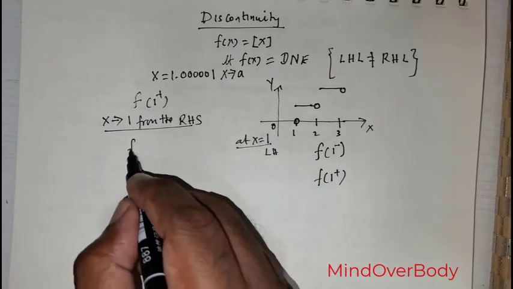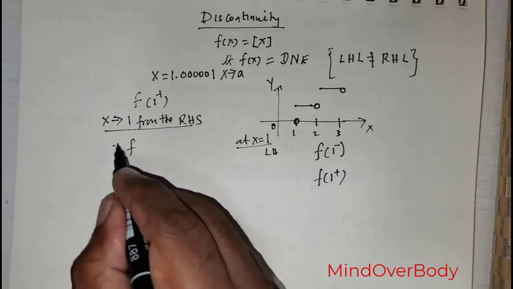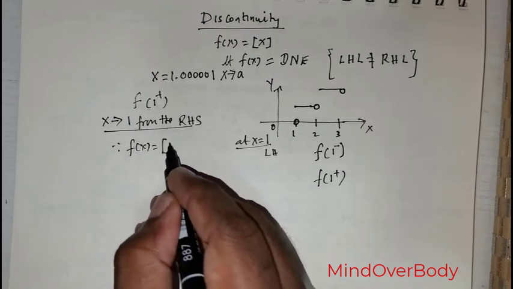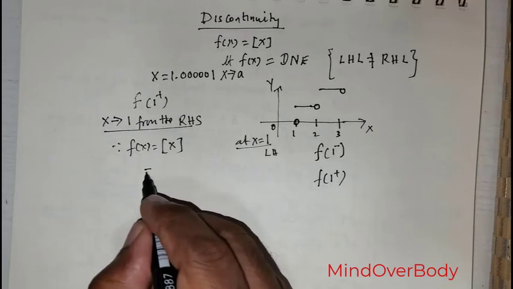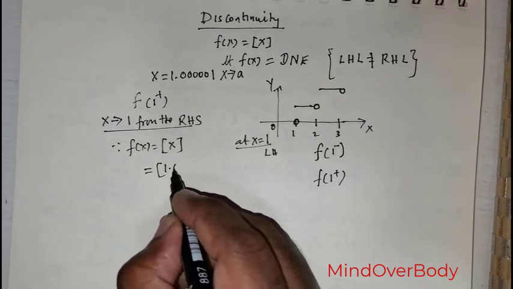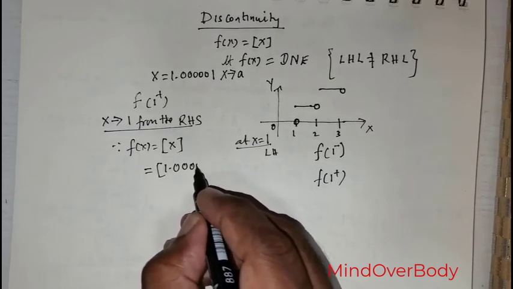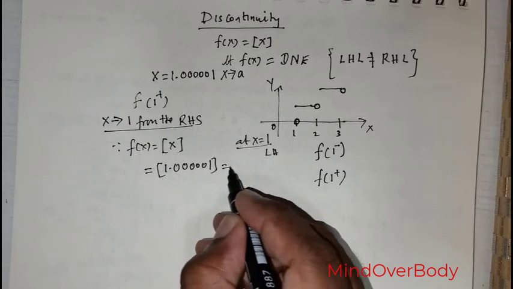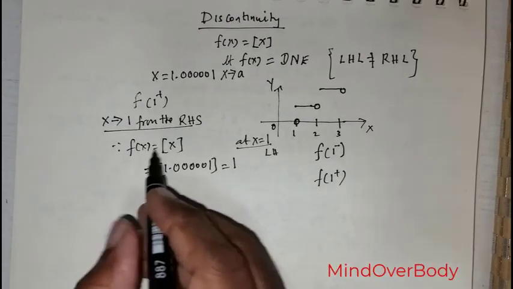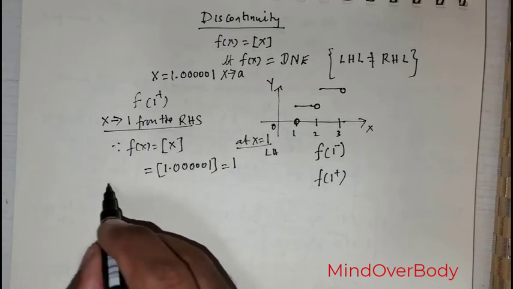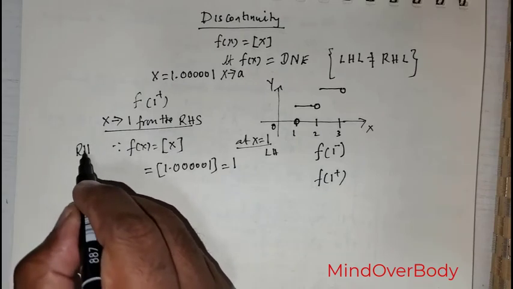Now since f of x is equal to greatest integer of x, the greatest integer of 1.000001 will be equal to 1, right? So this is going to be my right hand limit.